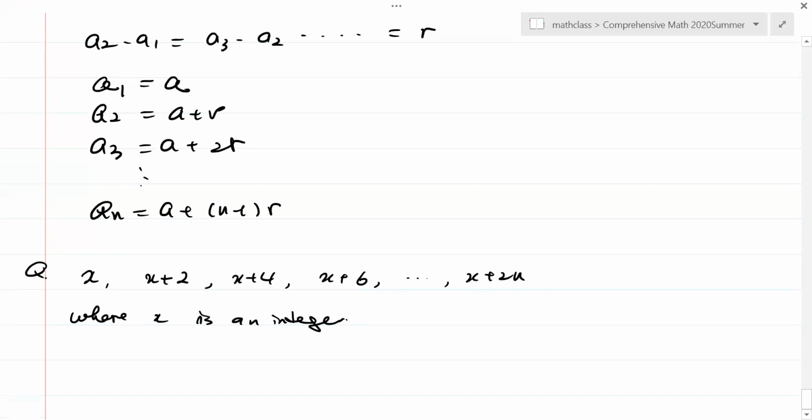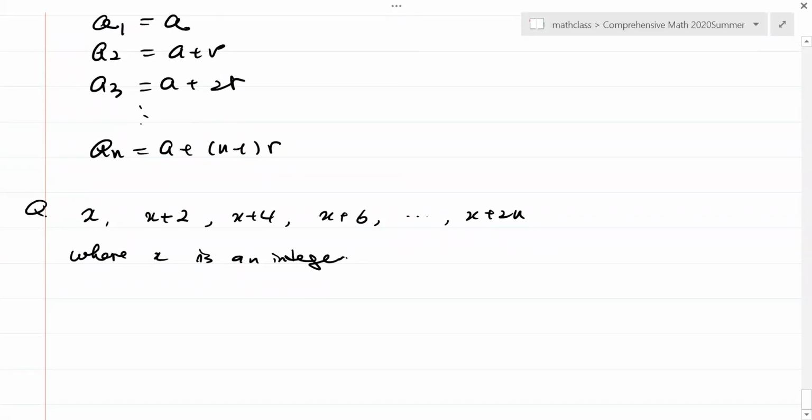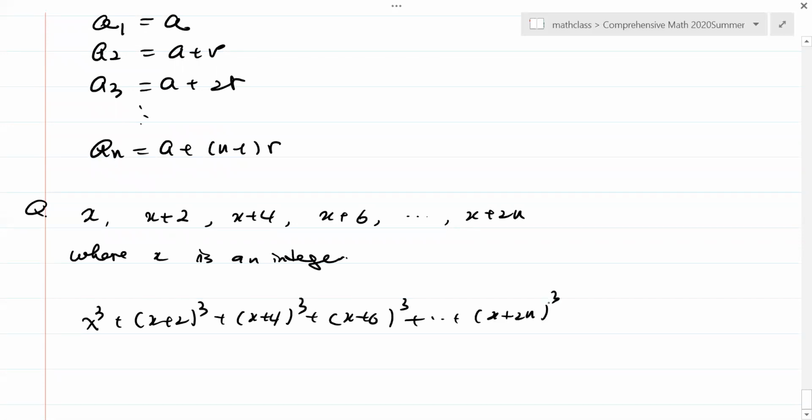What do we know? Each term is cubed, and adding them together gives negative 1,197.